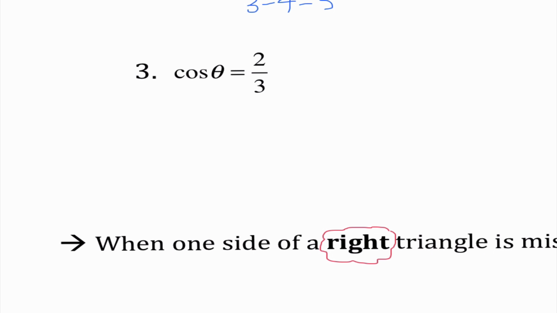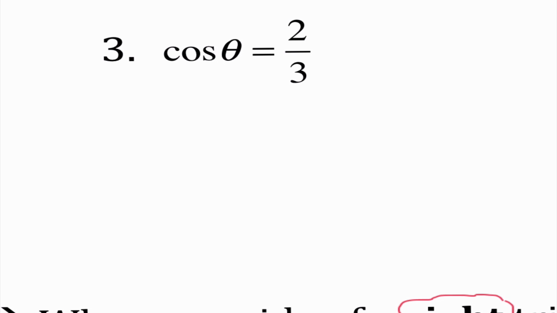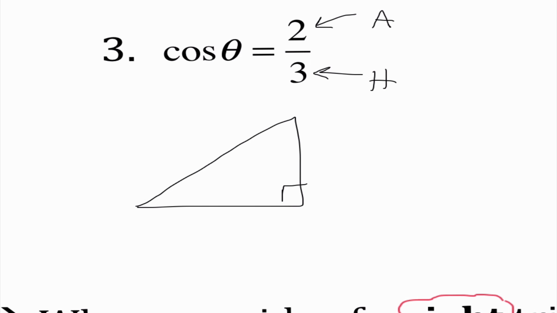So if we look at number 3, you guys might be thinking, oh shoot, this is different. I don't know what we're doing. But since this is cosine, they are actually telling us that this is the adjacent side and this is the hypotenuse. So in actuality, it is exactly the same as our previous problems.